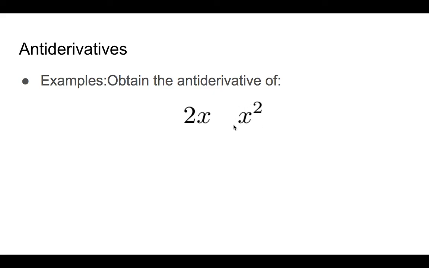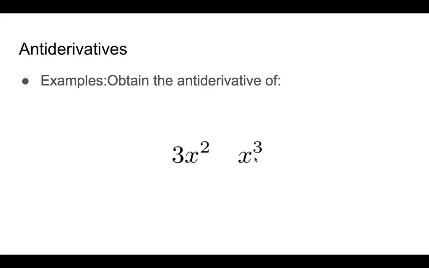If you were to differentiate this one, the 2 comes down, the power changes to 1, and we have this function. So pretty simple. What about 3x squared? Again, this is already the derivative of another function. So which function is that?